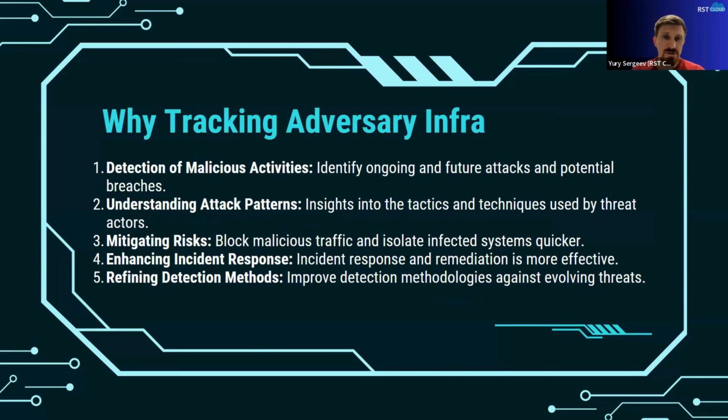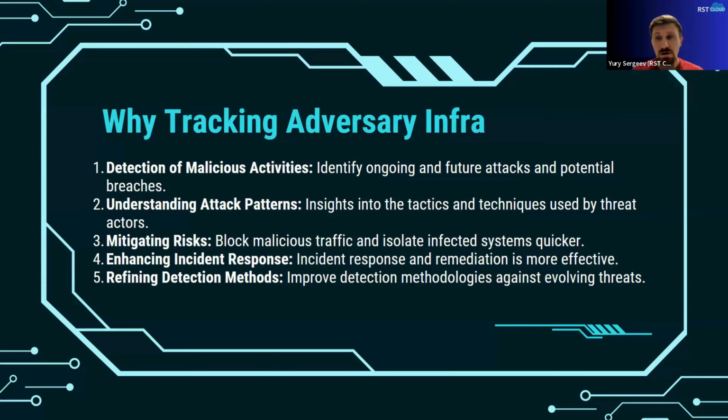So yeah, why track adversary infrastructure? I guess the main thing is that cybersecurity is very reactive sometimes, and we're aiming to protect, not to become a second patient, right? Somebody else got popped, then we learn from that experience, and then get protected.